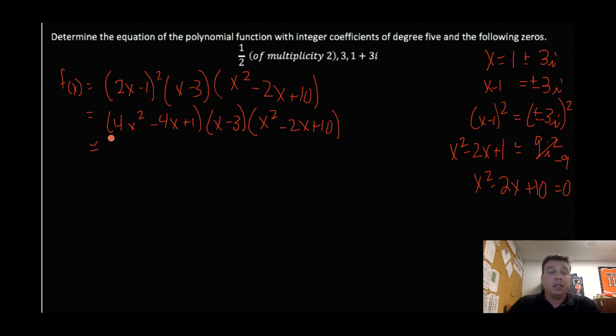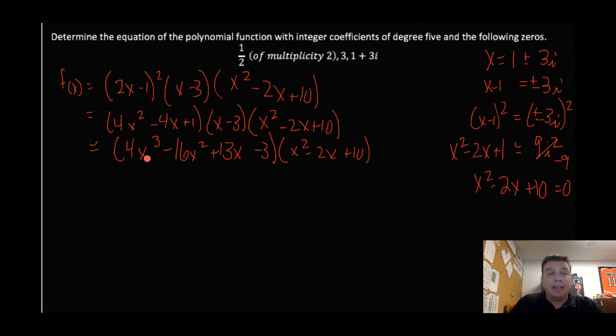When I do that, I end up with 4x cubed minus 16x squared plus 13x minus 3, and then I've got to multiply that by the quadratic I came up with before.